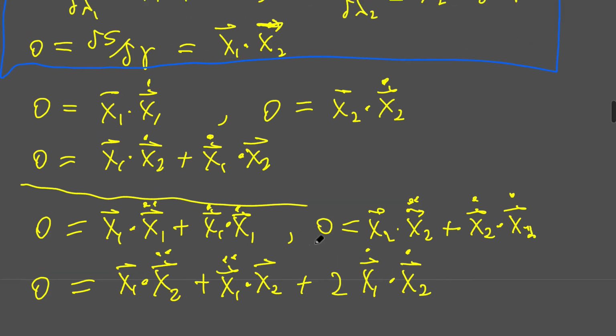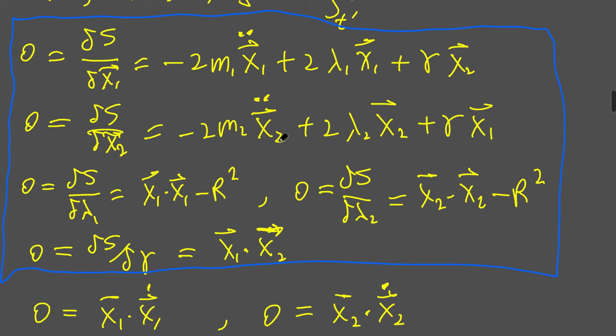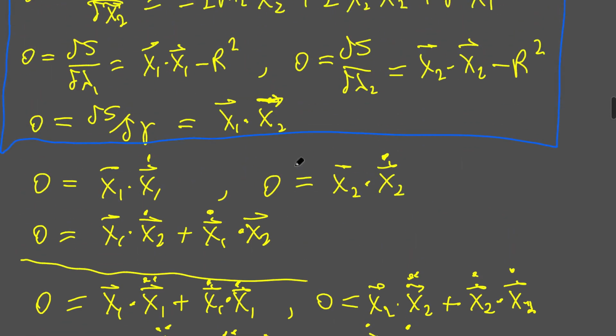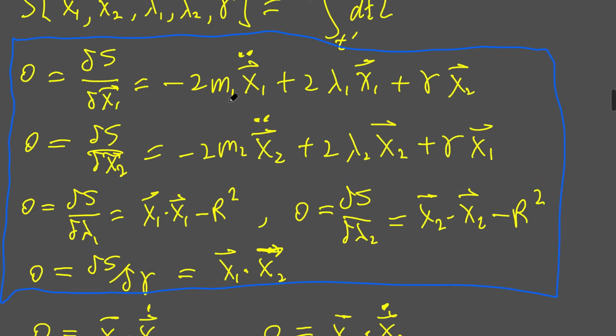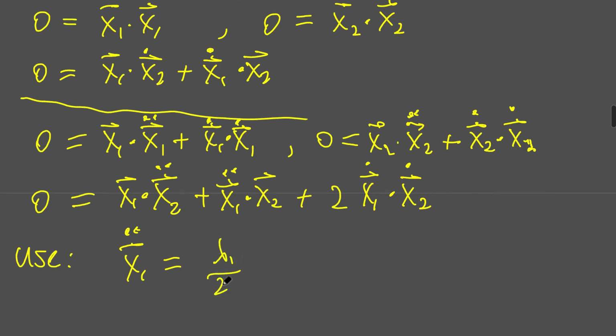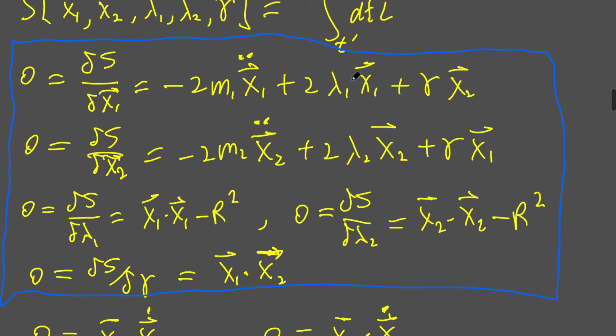And now we'll use these equations. This first one tells us that x1 double dot equals, let's see, if I bring this to the left, I'll have a factor of 2m that I divide through. So this is 2 lambda 1 over 2m. So that will be lambda 1 over m1 times x1 vector. Let me remind myself here.